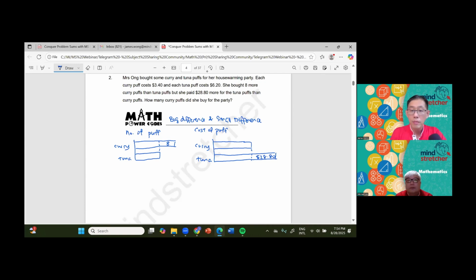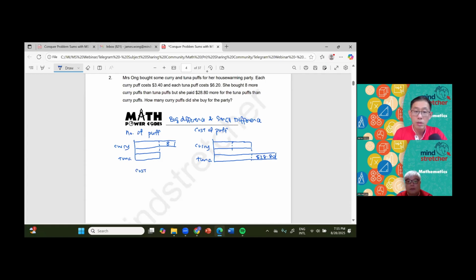Now, you will notice that the amount she spent on curry puff includes the 8 additional curry puff that she bought. So I want to know the amount spent on these 8 additional curry puff. I can do a simple calculation.